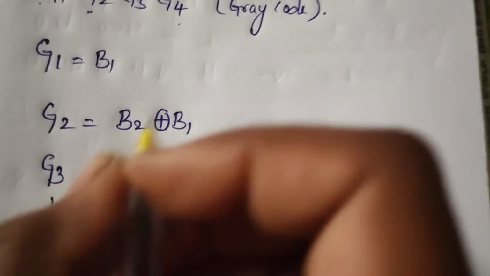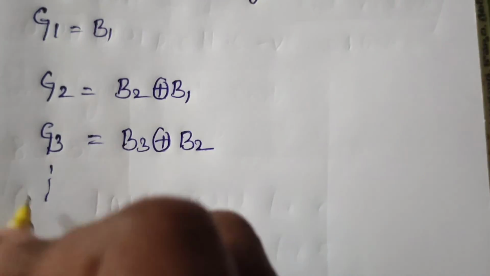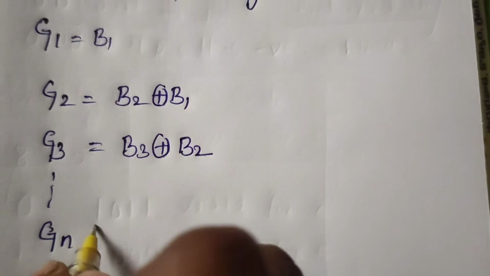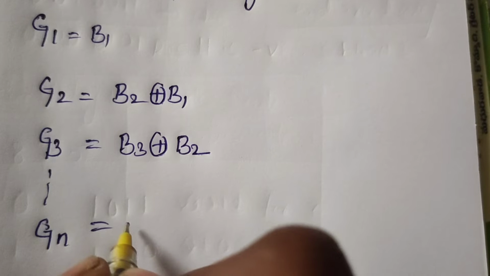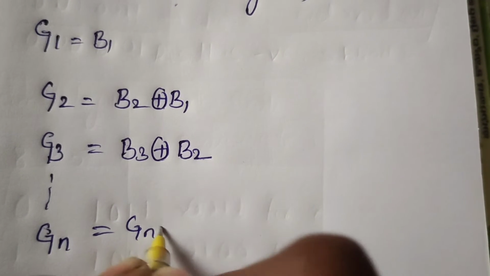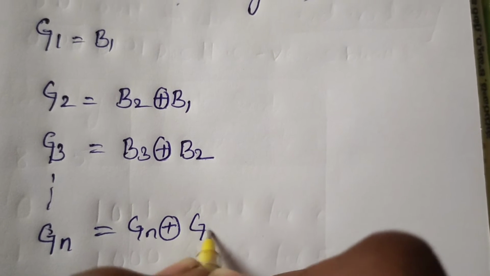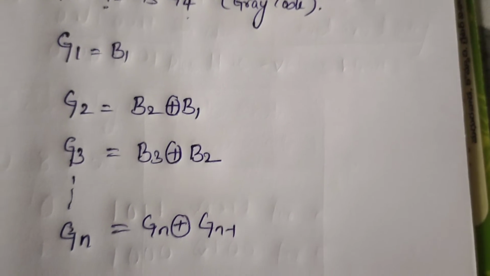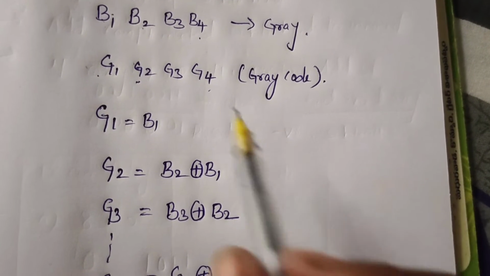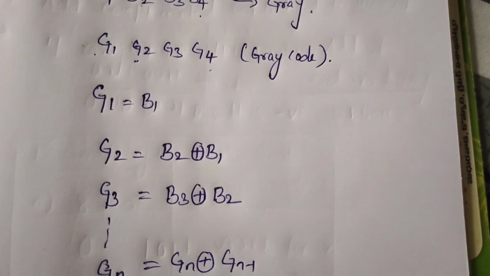And so on. We have only 4 bits here, but suppose we take n bits, the final bit is Gn equals Bn XOR with Bn minus 1. So this is the formula. From this formula we can obtain the gray code from binary numbers.